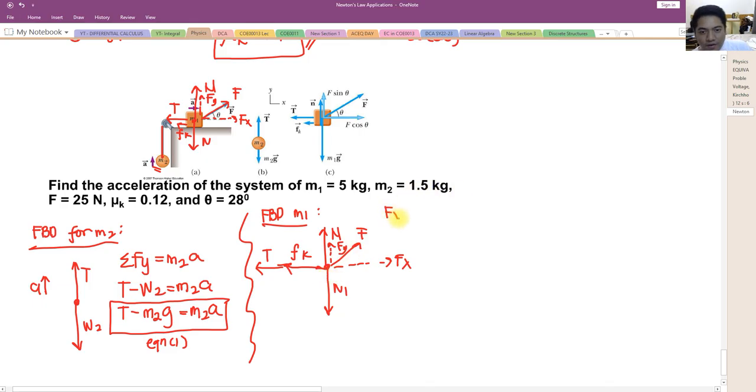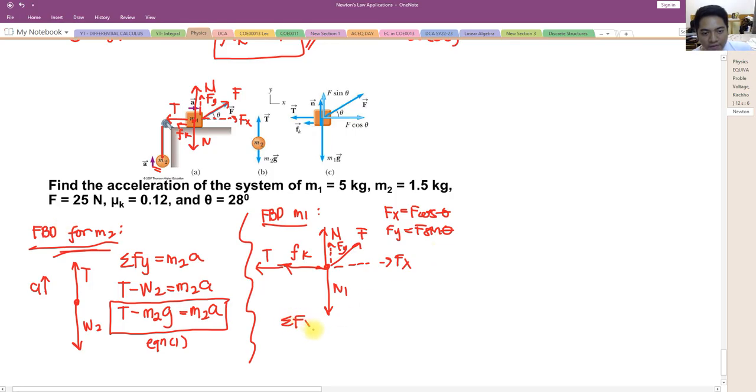The Fx, obviously, is F cosine theta. The Fy is F sine theta, where theta is 28 degrees. So again, we have the summation of Fx because we are after the acceleration in terms of x. In the FBD for M2, we did the summation for y because the acceleration is in terms of y.